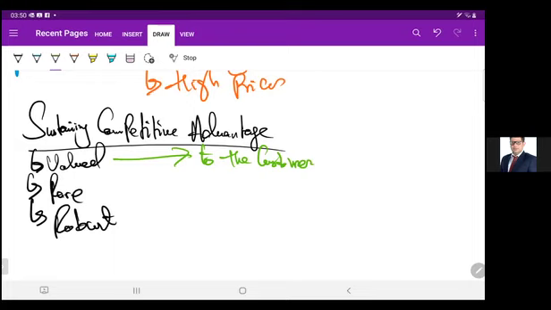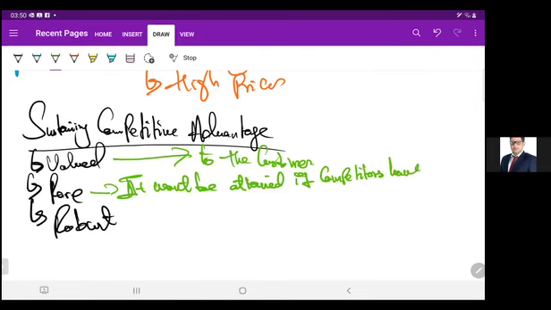Then, as far as the rarity of strategic capabilities is concerned, it won't be attained if competitors have identical strategic capabilities, right?